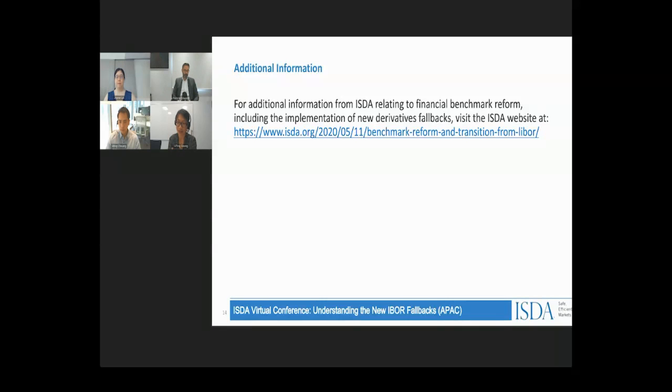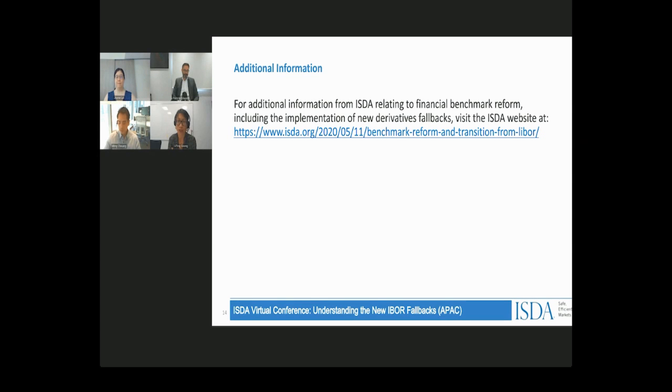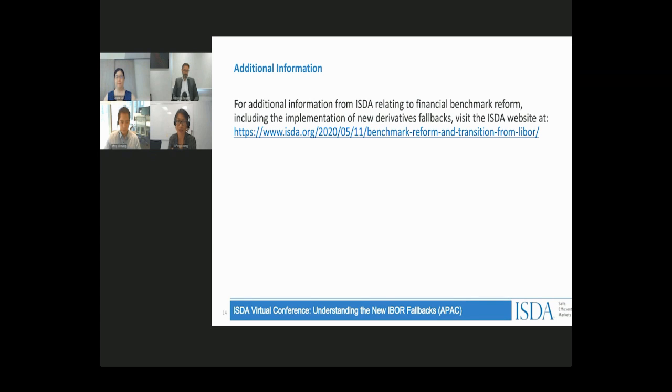I think the response to that is no, because as Joyce mentioned, it's only protocol covered documents that are amended by the protocol.